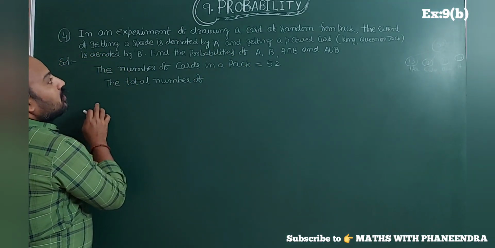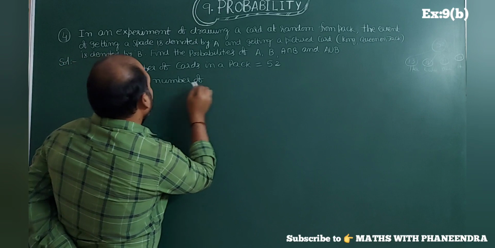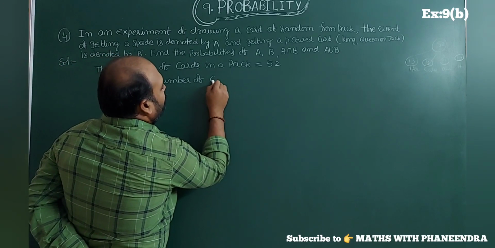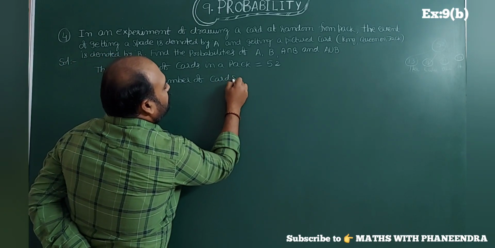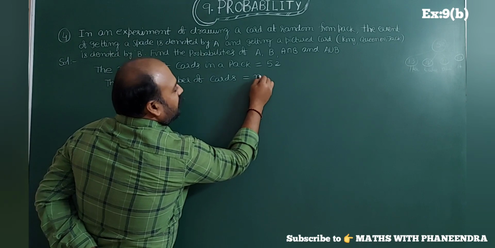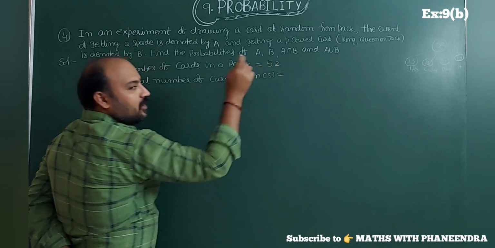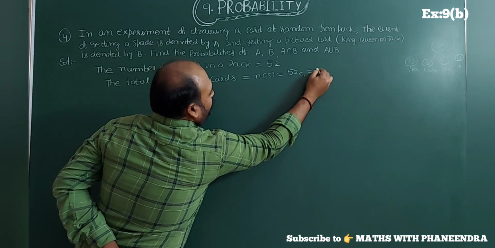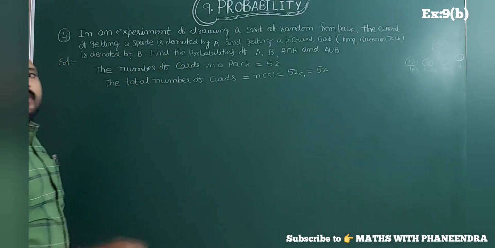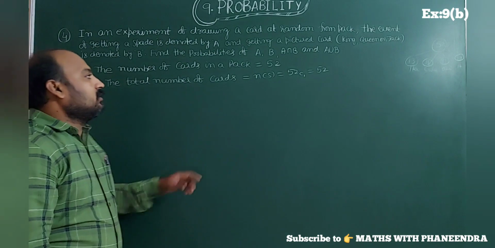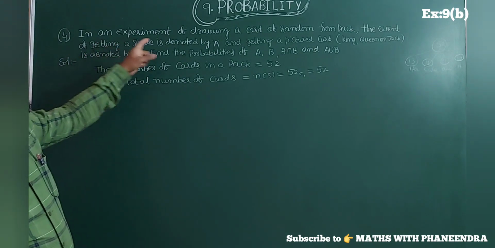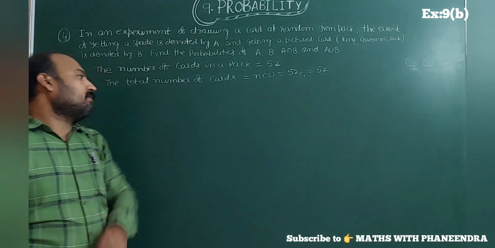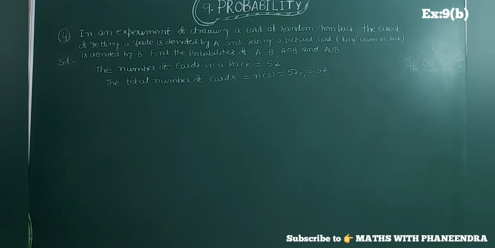So the total number of cards, n of S, is equal to, out of 52 we have to select one card, so 52 C1, that is equal to 52. nC1 is equal to n. Getting a card, n of S is equal to 52.